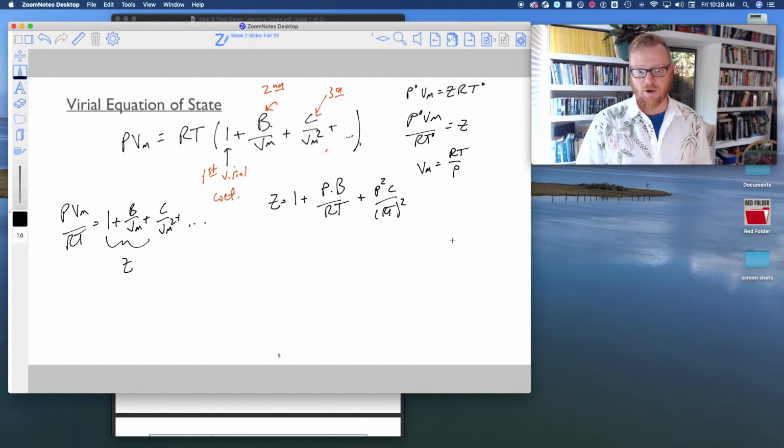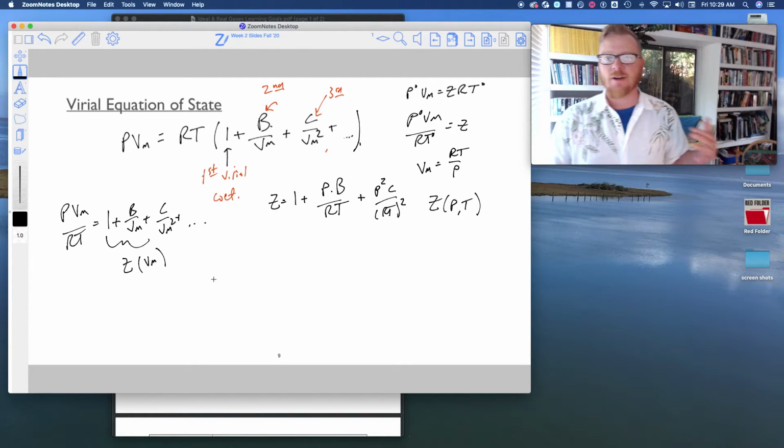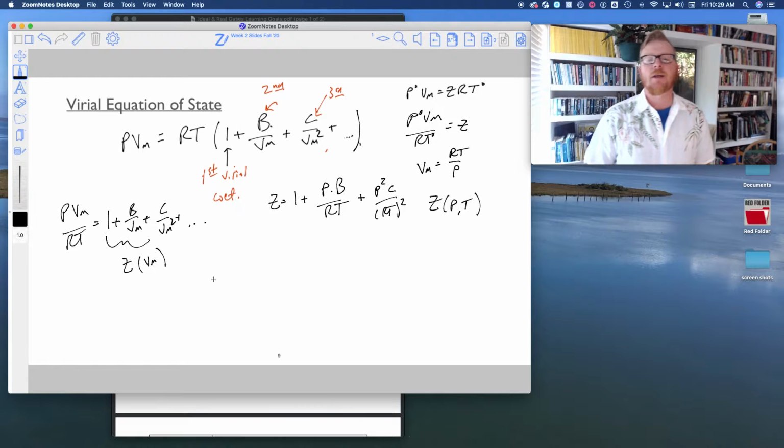over RT squared. Okay? And now what becomes useful is that this allows me to think about Z as a function of P and T. Of course, here I have Z as a function of Vm, but this is the whole idea of these equations of state, being able to write these in terms of whatever variables we want, okay?